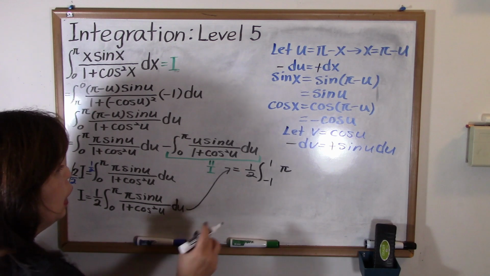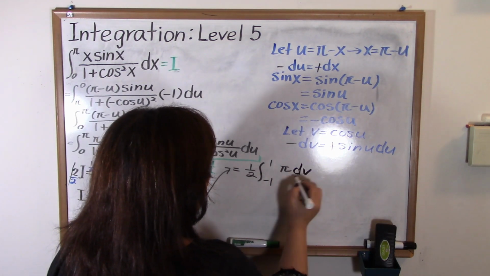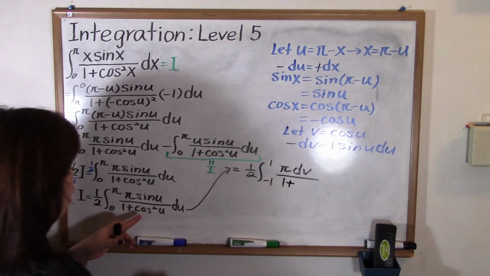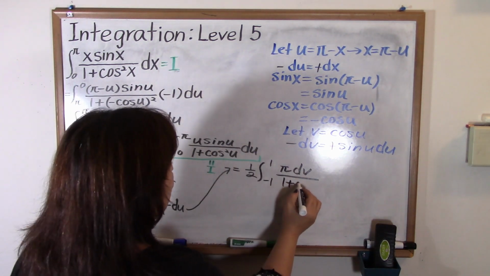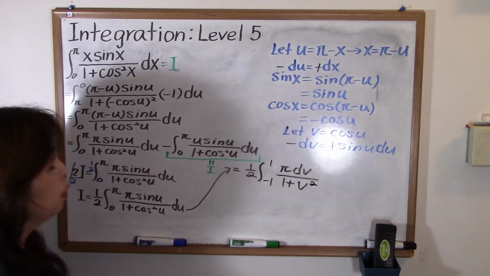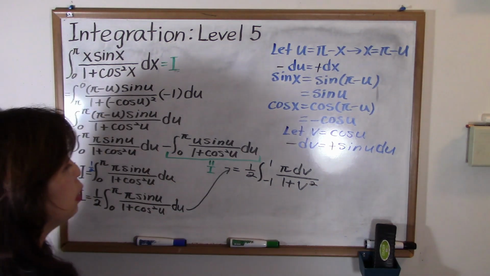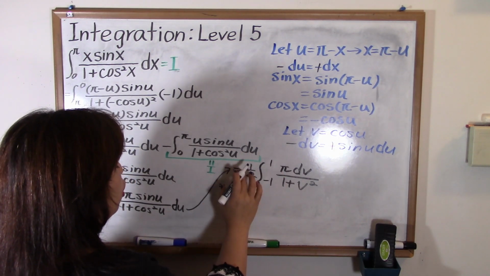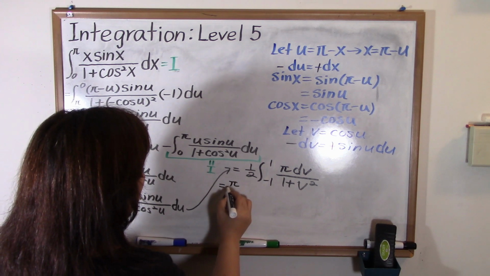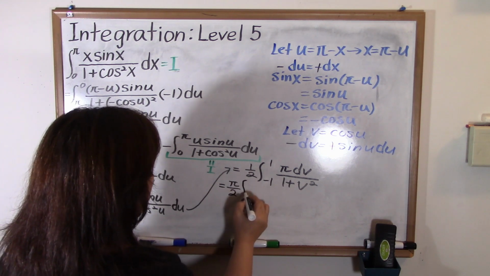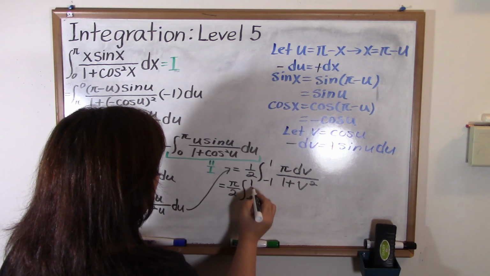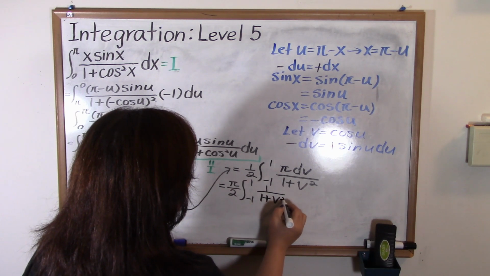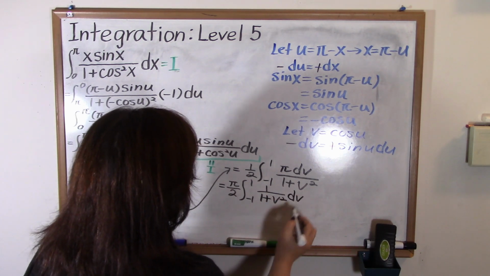And the pi dv all over 1 plus cosine u is v, so v squared. And then next step is equal to, we're going to bring a pi in front of here. Pi over 2 integral from negative 1 to 1 of 1 over 1 plus v squared dv.